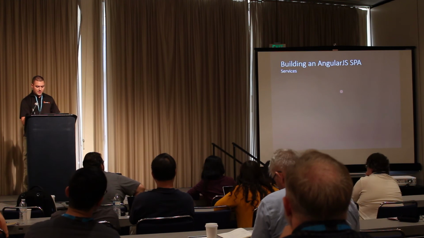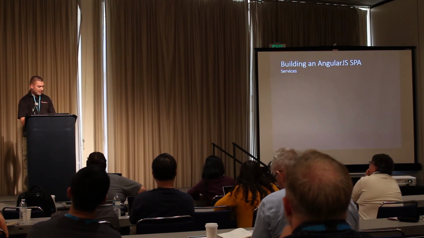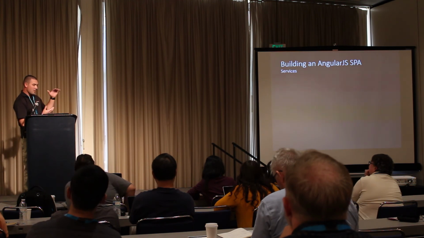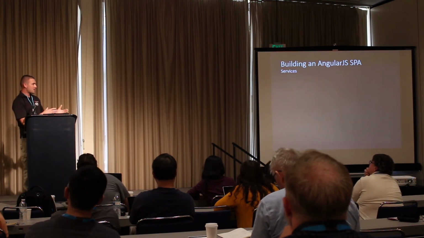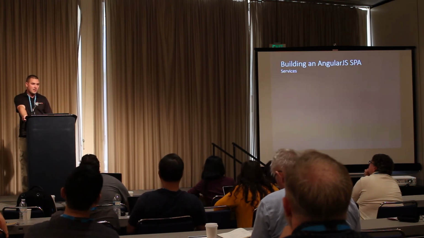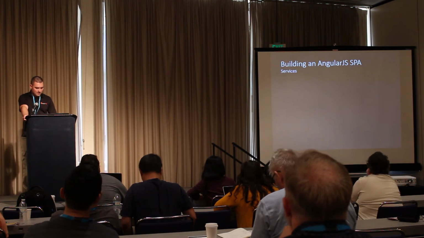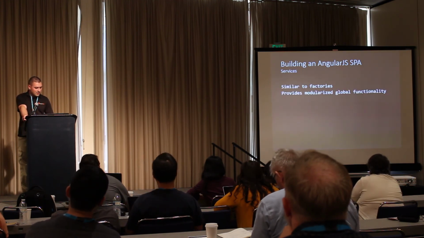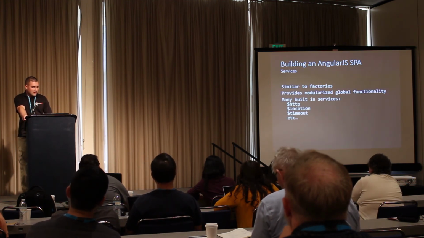Services are very similar to factories. I still haven't figured out exactly what the difference is, except that they're built differently, and Angular themselves, or Google themselves, use them for different things. They always use a factory for your interceptors, and they usually use a service to interact with an API. Again, modularized global functionality.